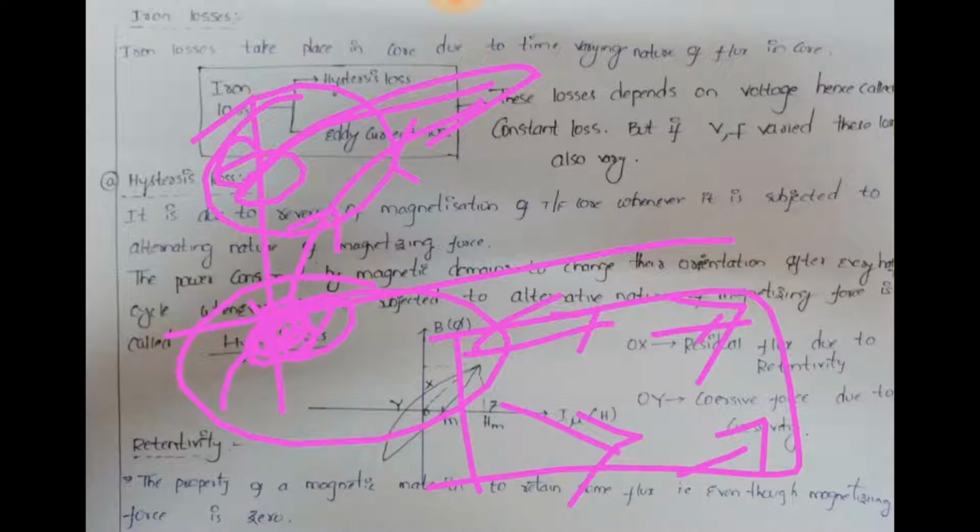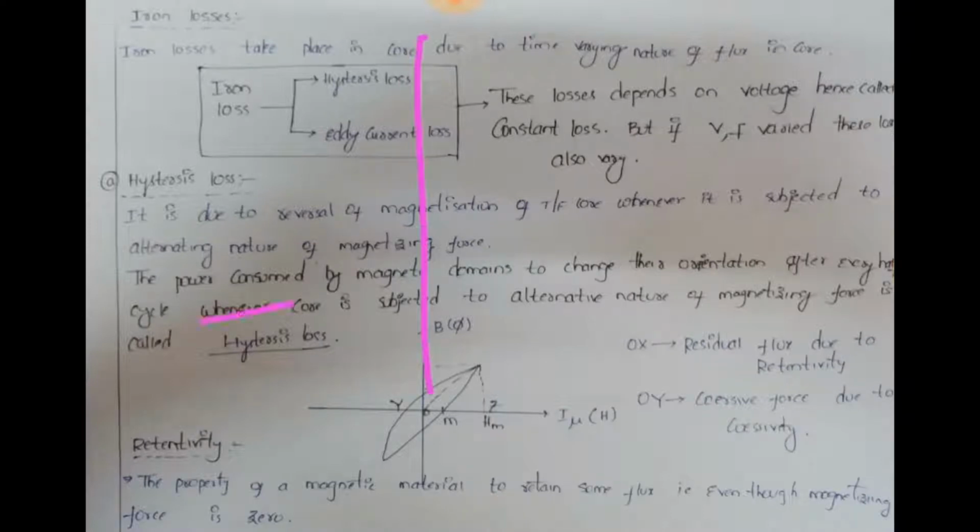Now as I have told you, to reverse these domains during the negative cycle, you need additional power. This first increases, then decreases. See, this is during the negative half cycle. This is the value of B, and this is the value of I mu being 0.